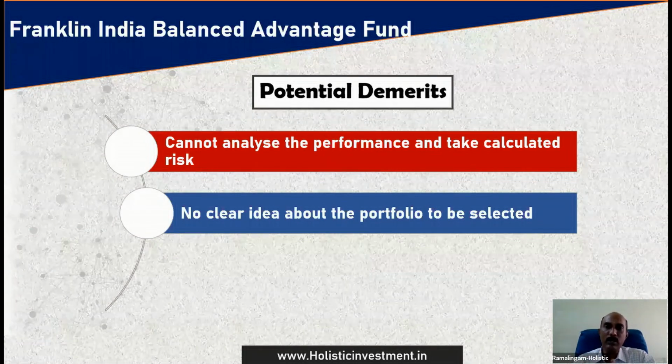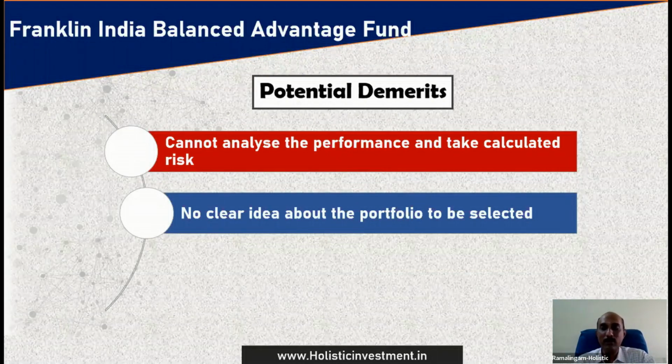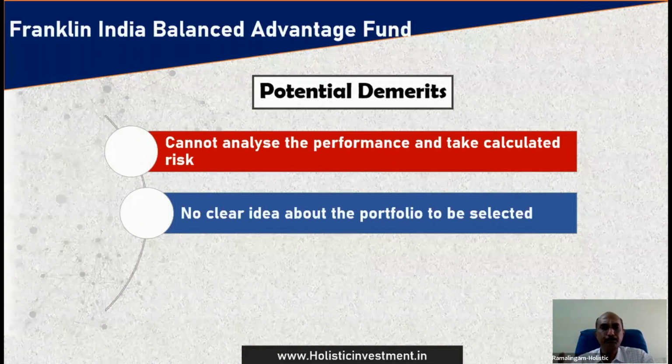Also, in the equity, what kind of sectoral allocation, what kind of stocks, what kind of capitalization they have given, all those things you will be able to evaluate. Similarly, in the fixed income portfolio, you will be able to see what kind of rating these securities have got, what kind of maturity they have, what kind of duration they have, what kind of yield they have. All these things you will be able to analyze and you will be able to select the best of the best balanced advantage fund. Whereas this is an NFO, there is no portfolio. Again, you are forced to take a blind risk here.